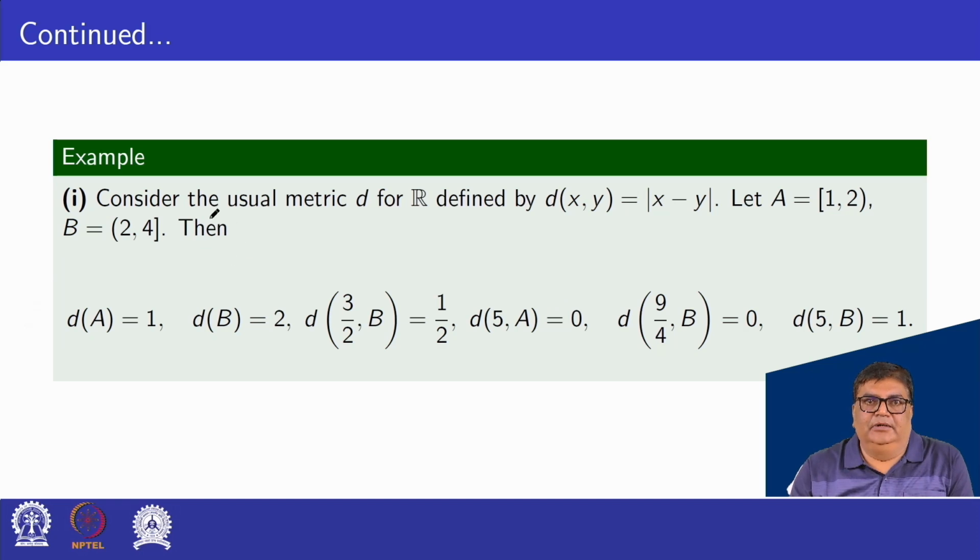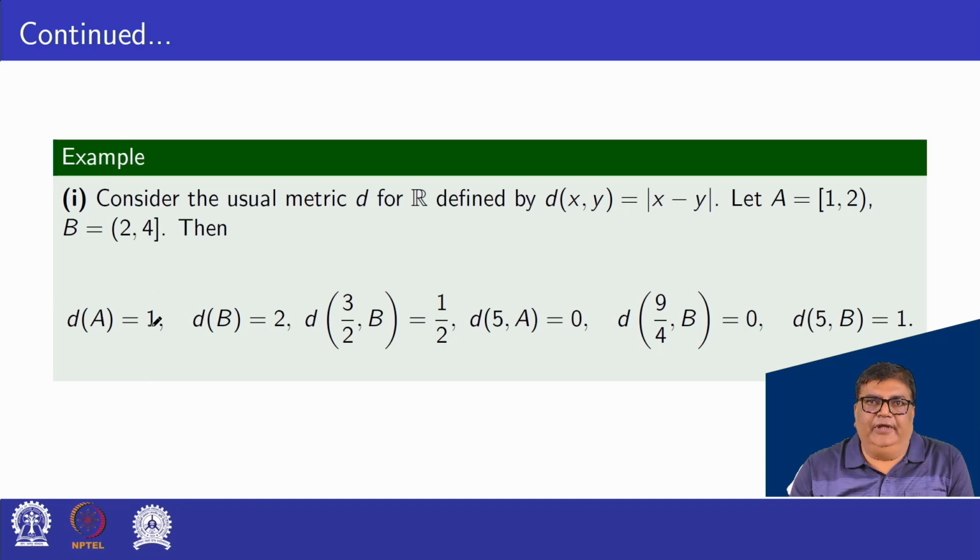For example, consider the usual metric d for R defined by d(x,y) is equal to modulus value of x minus y. Let A be equal to the semi-open interval [1,2) and B the semi-open interval (2,4]. That is, in B the left side is open and the right side closed. In A, the left side is closed and the right side open.